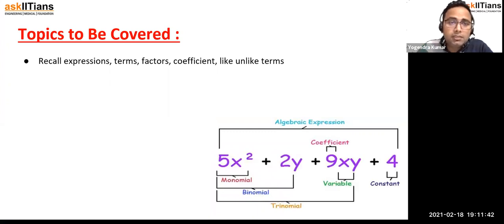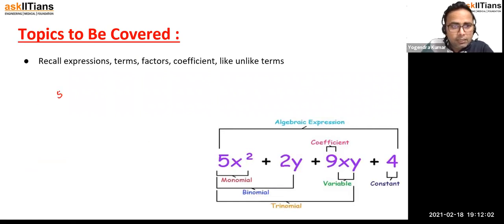Today we have to cover recalling expressions, terms, factors, coefficients, like and unlike terms. We need to understand all of these. It's a pretty basic example, and I think you can understand most of the things from it.